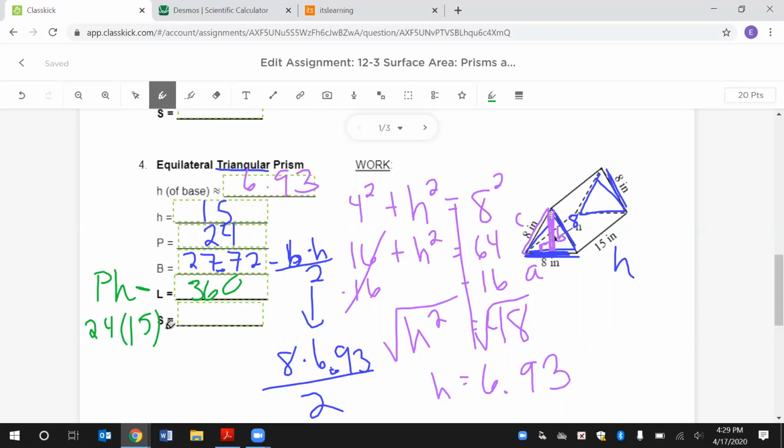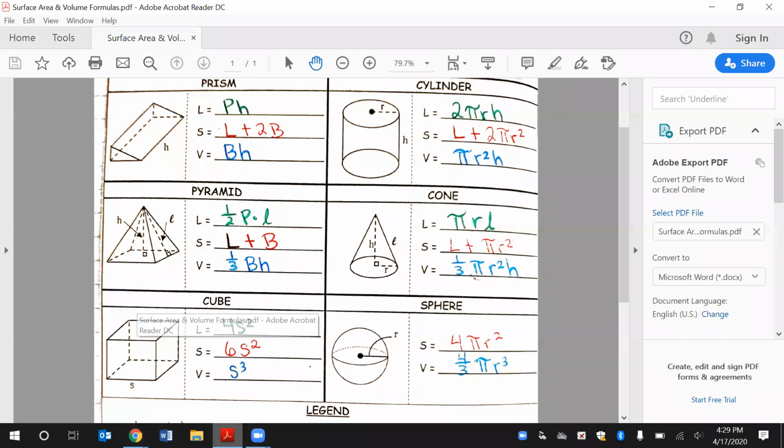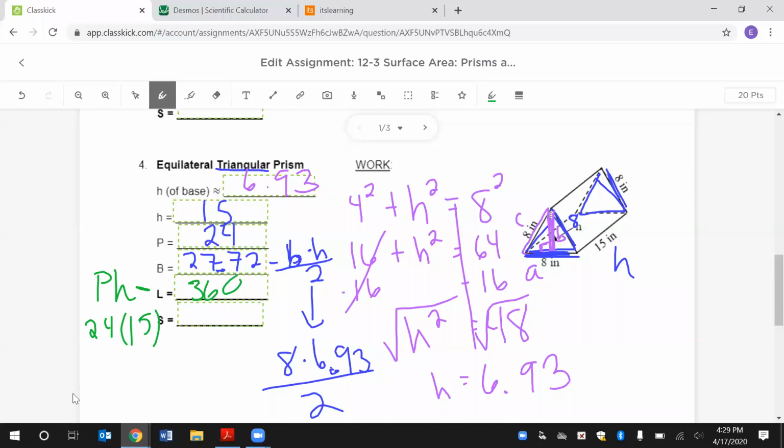And then the S, that's the total surface area, so that's going to have to include my two bases, my two triangles. So it's going to be L plus the area of the two bases, so L plus 2B. Here we go, Classkick. You're going to have the formula for the total surface area, L plus 2B. L is my 360 plus 2 times B, which is 27.72.